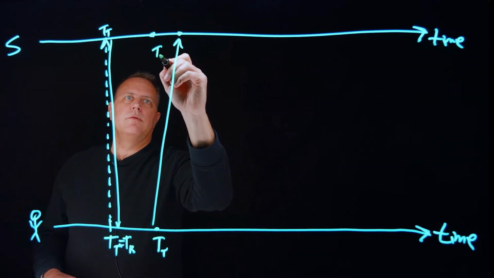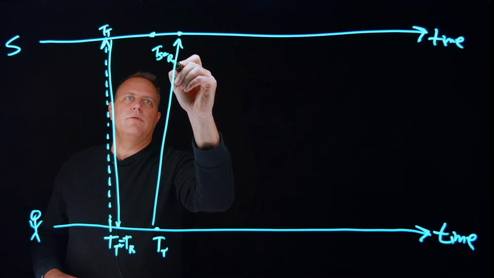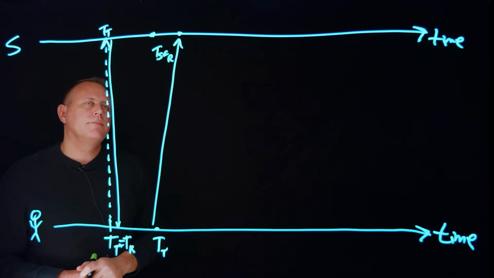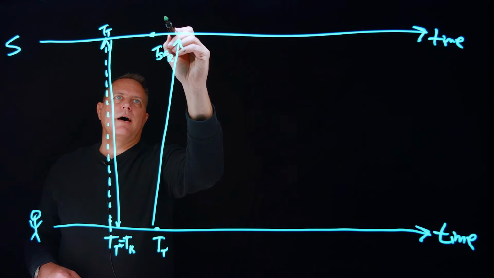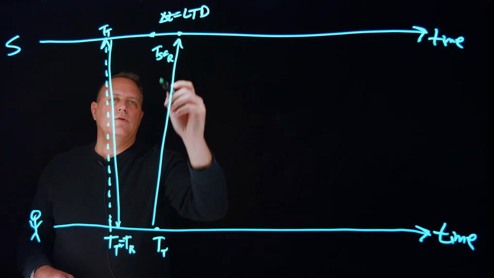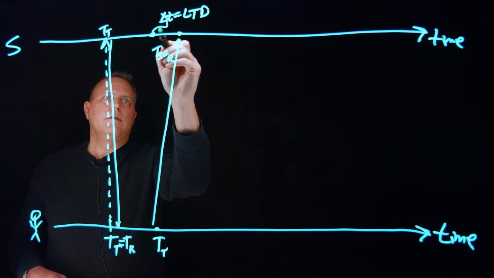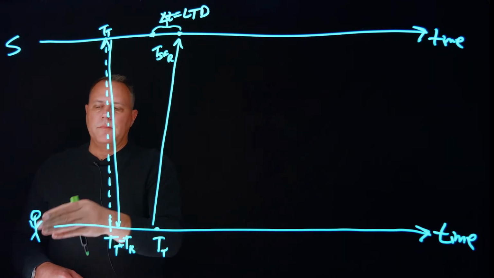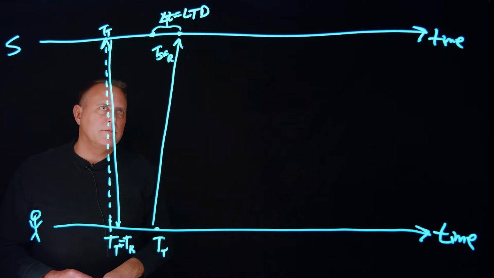So this is the time of spacecraft receipt, T_SC_R. And the difference in time, this delta T, is my light time delay due to the distance from me on the ground to my spacecraft up in space.